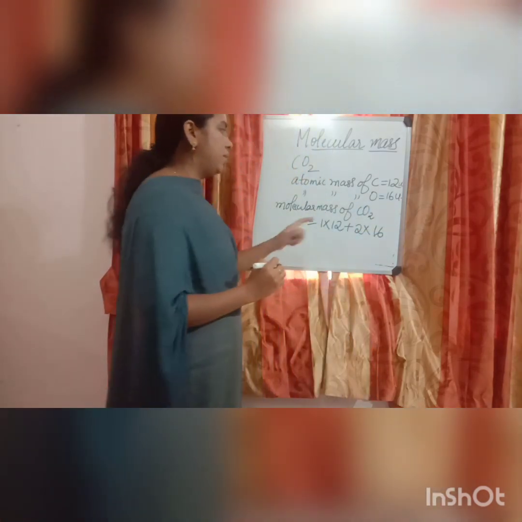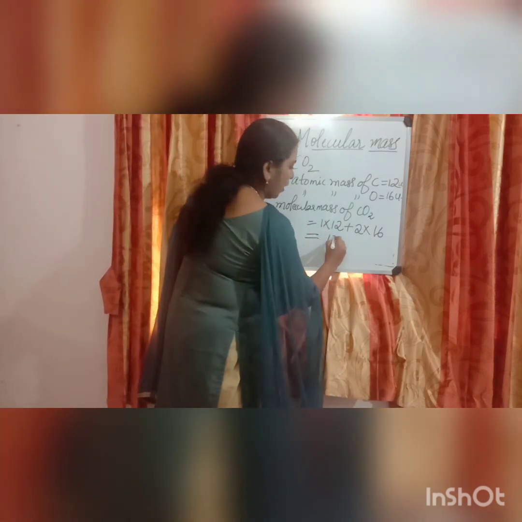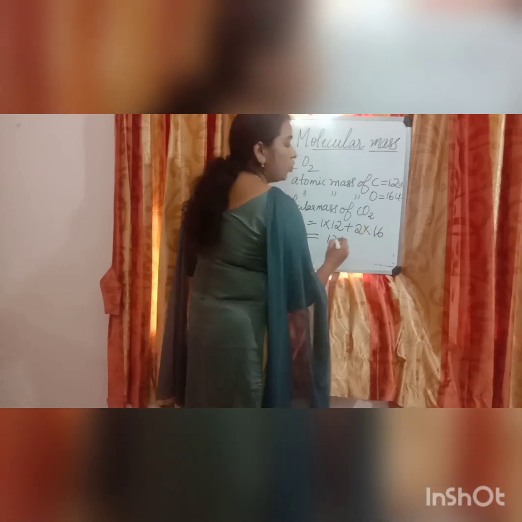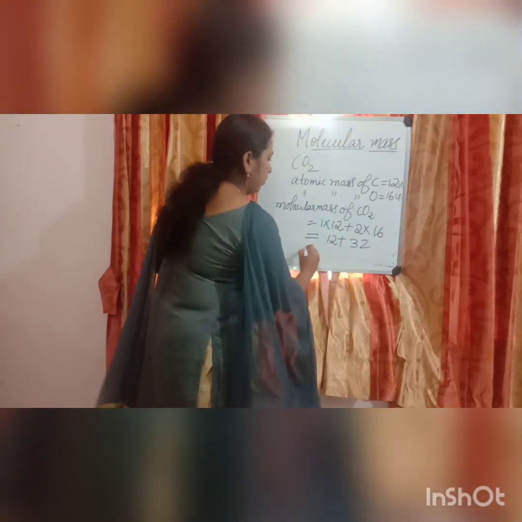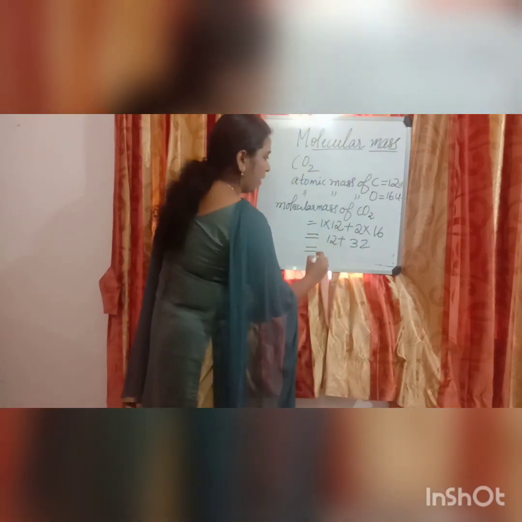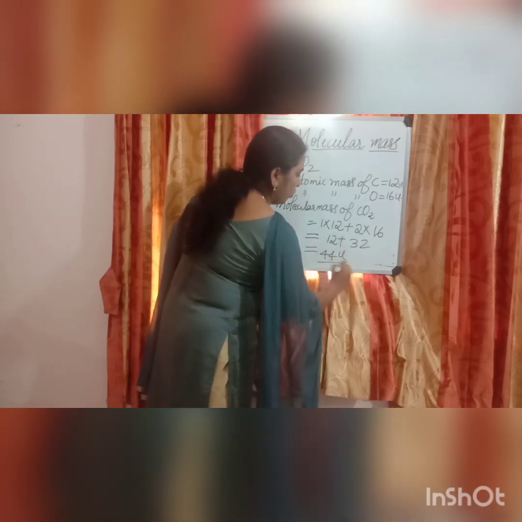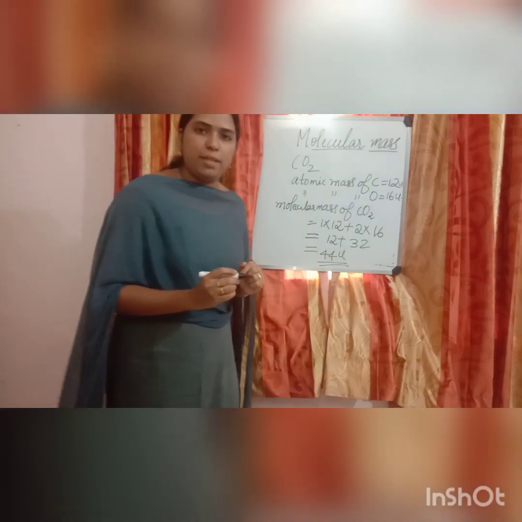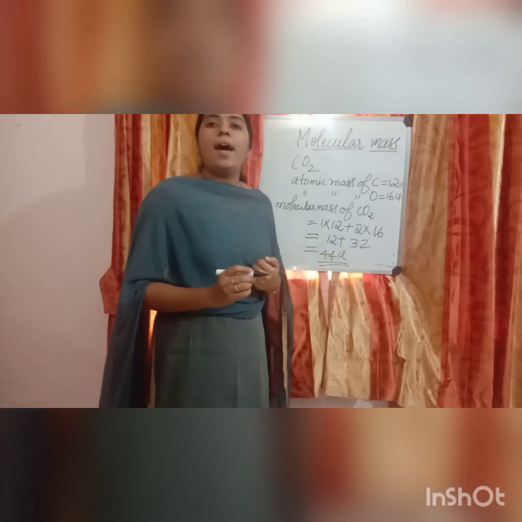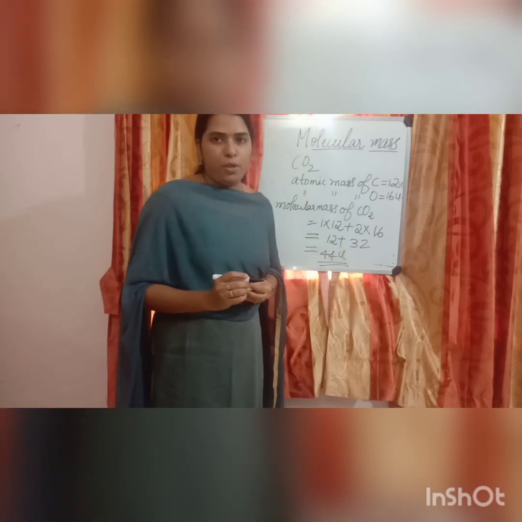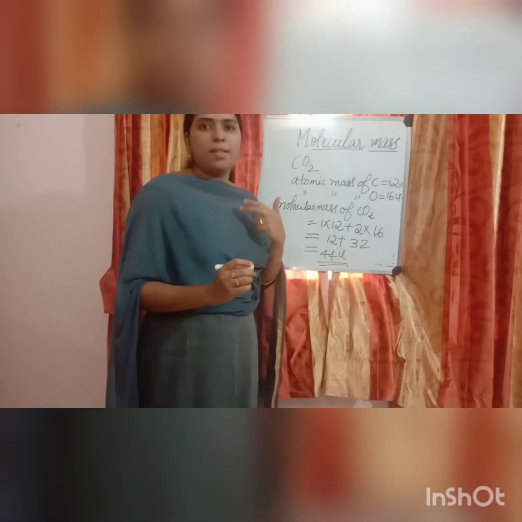So 2 into 16. 1 into 12 is equal to 12 plus 16 into 2 is equal to 32. Then molecular mass of carbon dioxide is equal to 44 U. 12 plus 32 is equal to 44 U. So this is the molecular mass of carbon dioxide molecule. In this way, we want to calculate the molecular mass of different molecules.